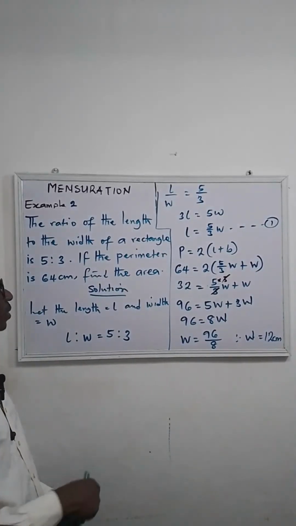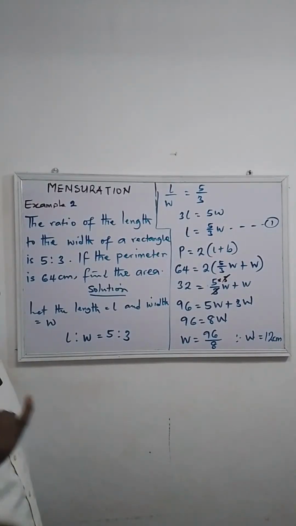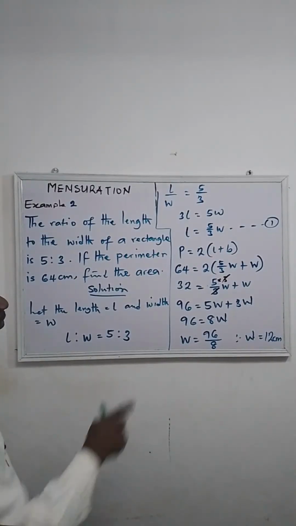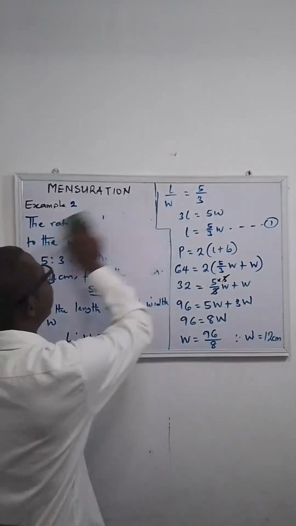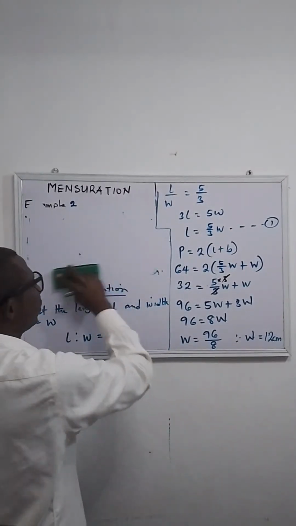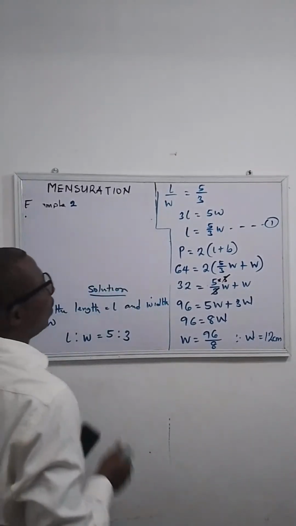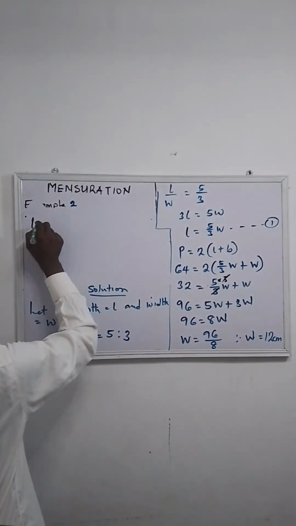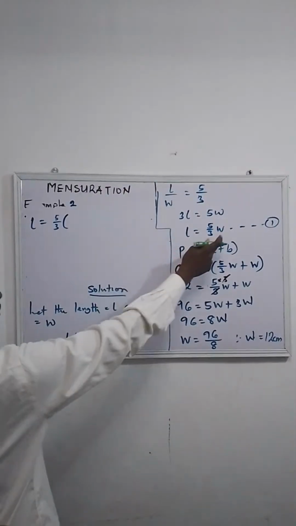So don't forget, we want to find the area. So we need the width and the length. So let's get the length. We are going to be making use of equation 1. In equation 1, we have L equals to 5 over 3 times the width.